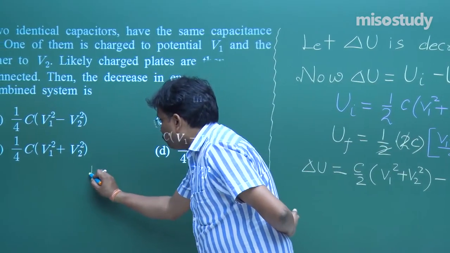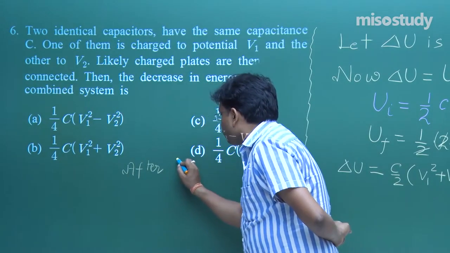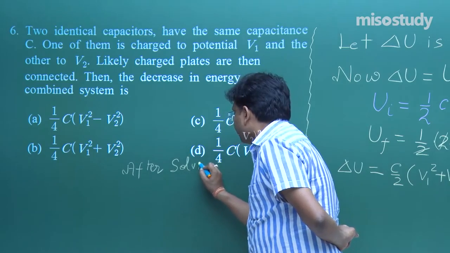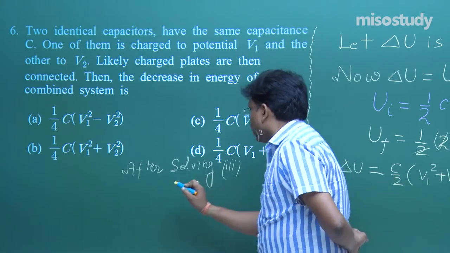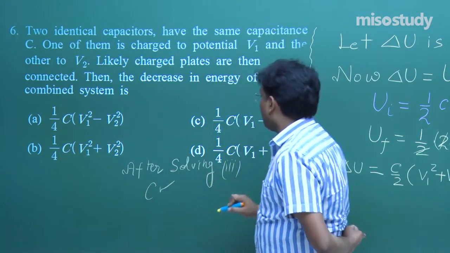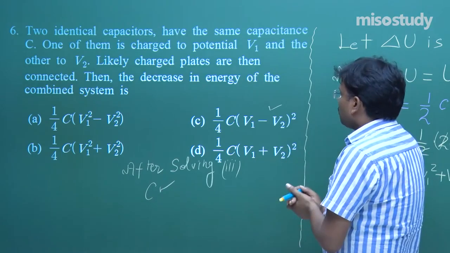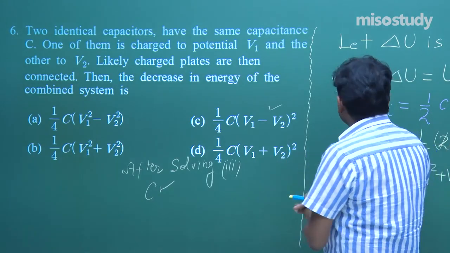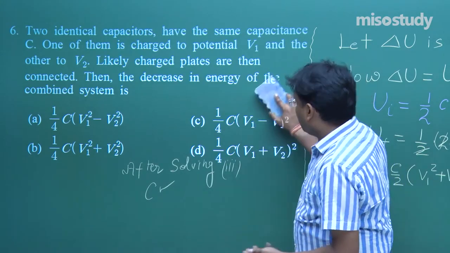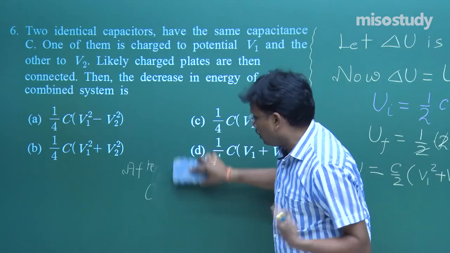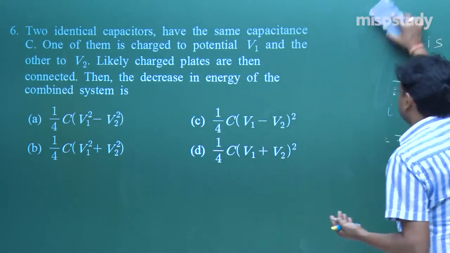So, after solving equation 3, C is the correct option, this one is the correct option. Fine. So, I am not solving just this last equation, where you just have to take common terms one way out, and then you can arrange the remaining terms over there.